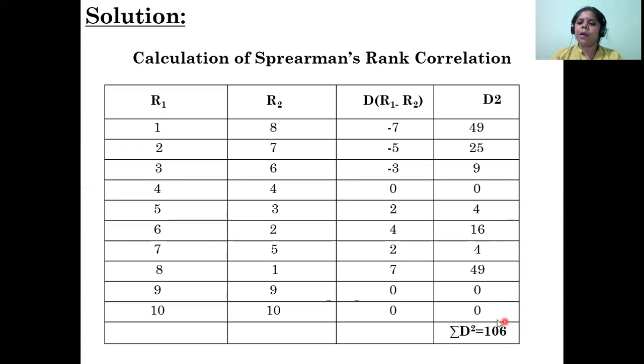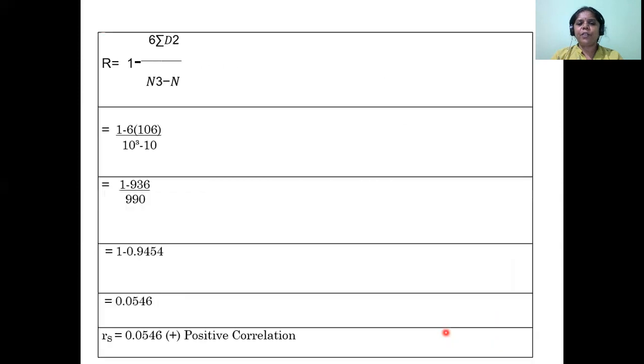If we put the sigma D square value 106 into the formula, we get the rank correlation coefficient, that is 1 minus 6 sigma D square divided by n cube minus n. This is the formula for calculating rank correlation.